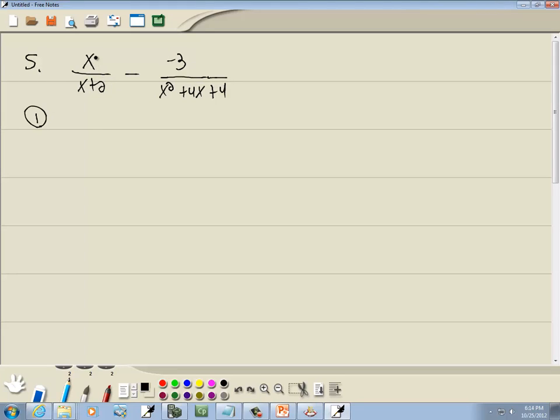Step 1. Factor all of your denominators. X plus 2 can't do anything with. X squared plus 4x plus 4, that's the PSD method. So this factors as x over (x plus 2) minus negative 3 over (x plus 2)(x plus 2).